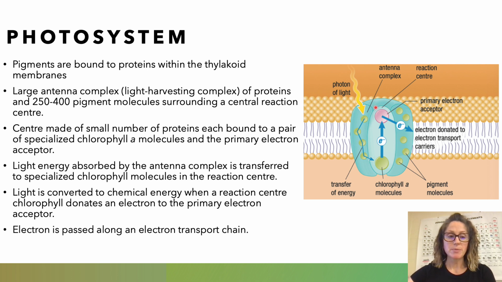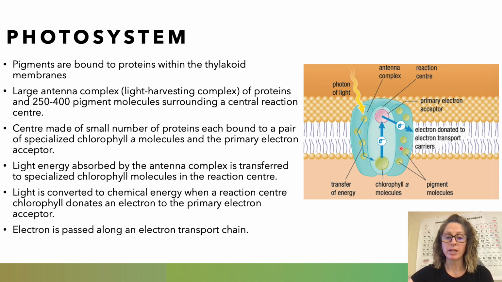The pigments shown here, these little green spheres, are pigment molecules, and they are bound to proteins in the thylakoid membrane. These are large complexes, light harvesting complexes, and they have 250 to 400 pigments each. So a little underrepresented in these diagrams.